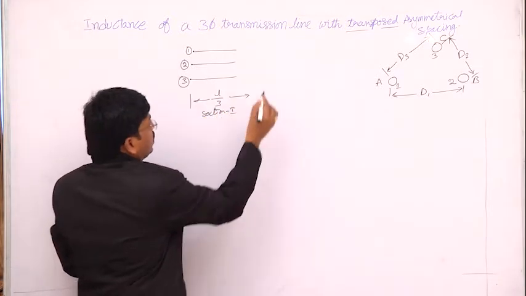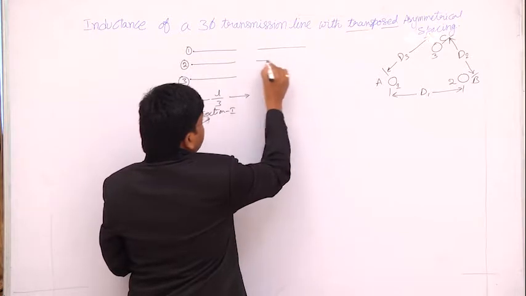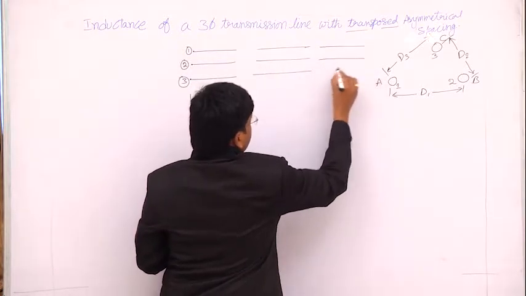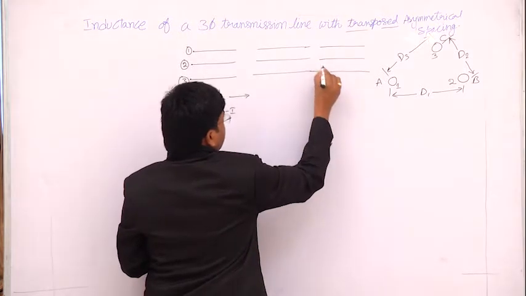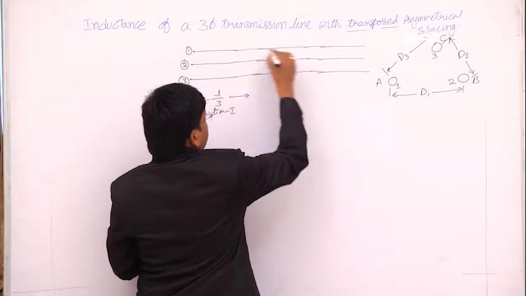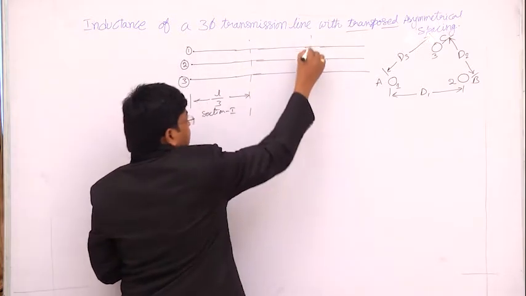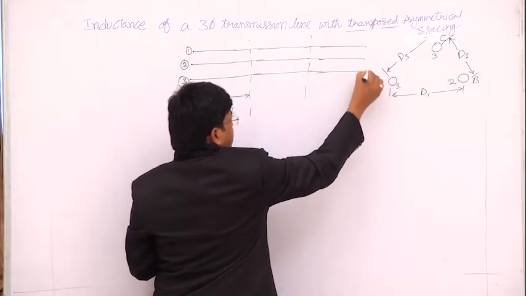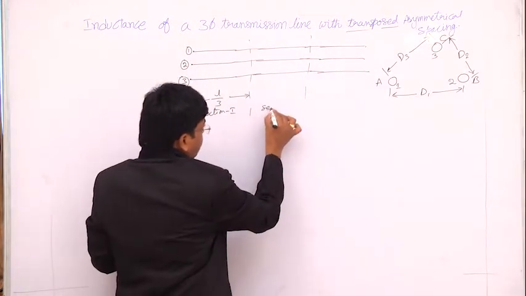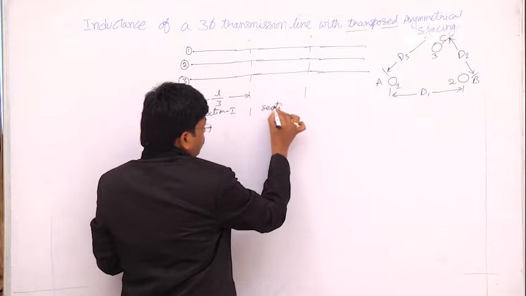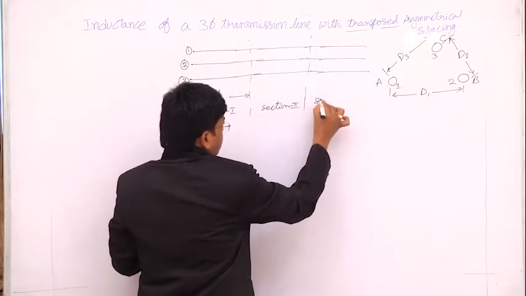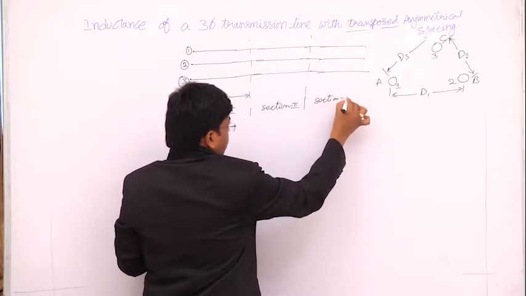Again, there is the second section and the third section, so the total transmission line is subdivided into three sections: section 1, section 2, and section 3.